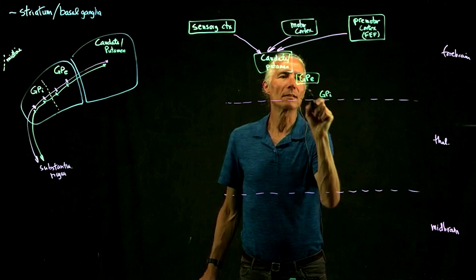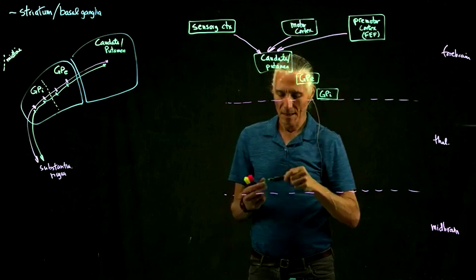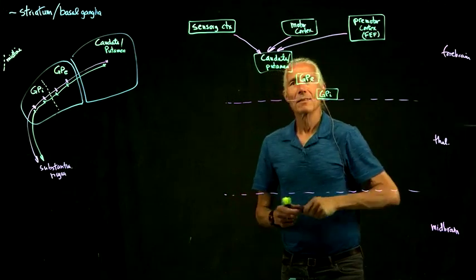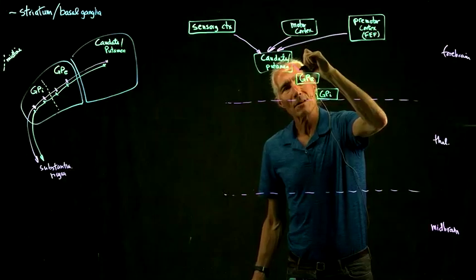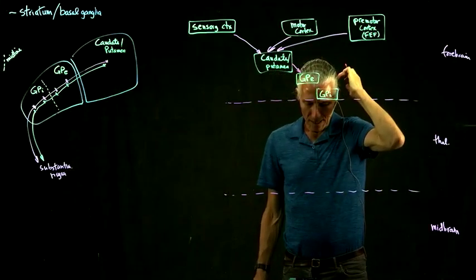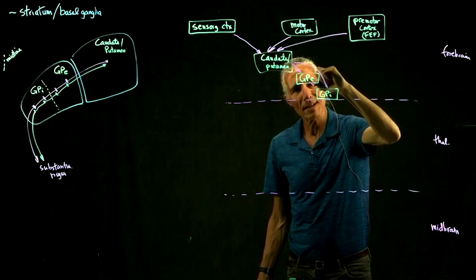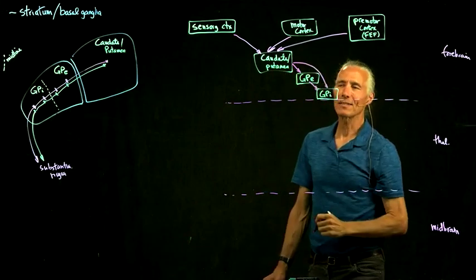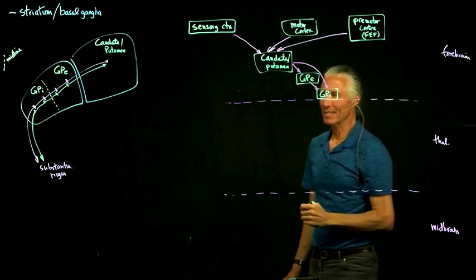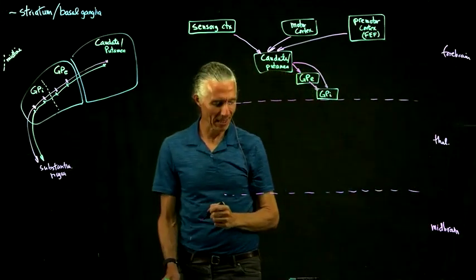So there are these 2 guys here, and the caudate putamen projects down to that. It also goes all the way to that one, and then this one projects to that too. That starts to get complicated because you've got minuses on minuses on minuses.